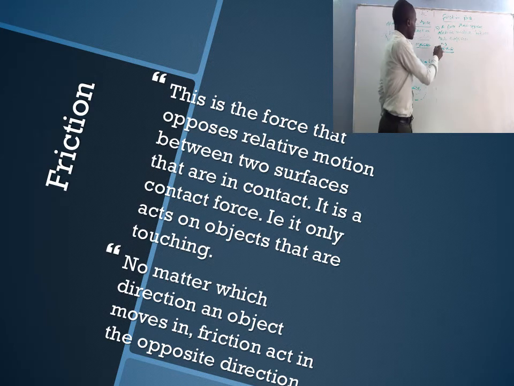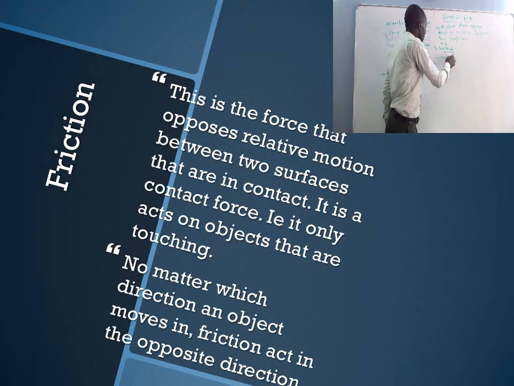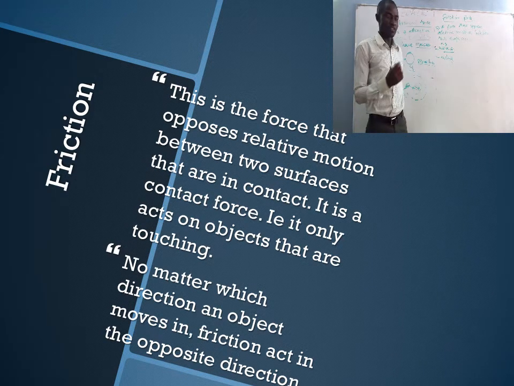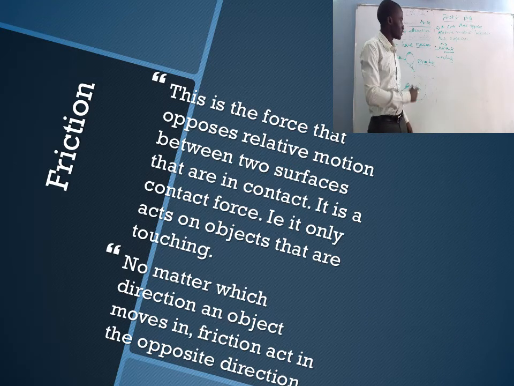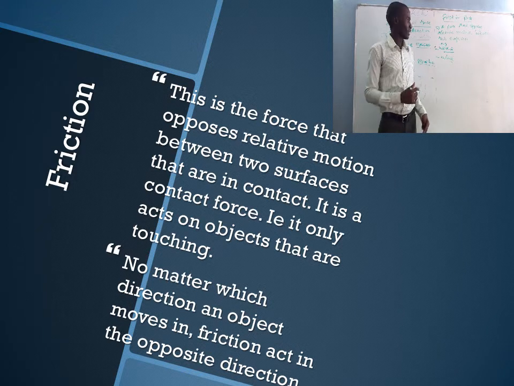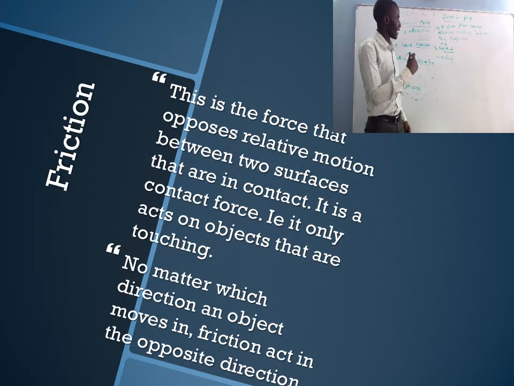Or the other one is the riding. The wheels of a car normally experience some kind of opposition from the road. So this kind of force, which tends to oppose movement, relative movement between two surfaces, is what we refer to as the force of friction.